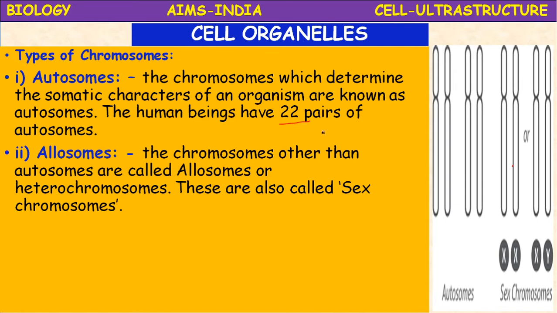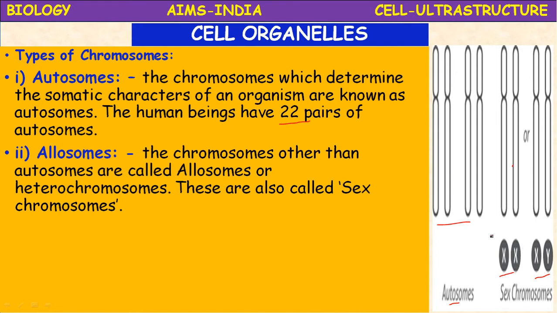Here, the autosomes have no specification, whereas allosomes are heterochromosomes. They are the XX chromosome and XY chromosome. XY chromosomes are present in the male and XX chromosomes are present in the female.